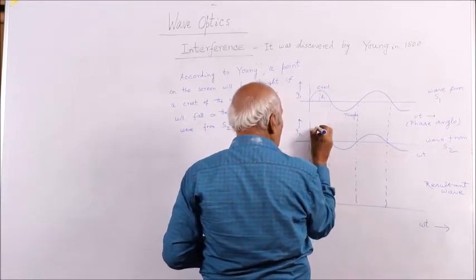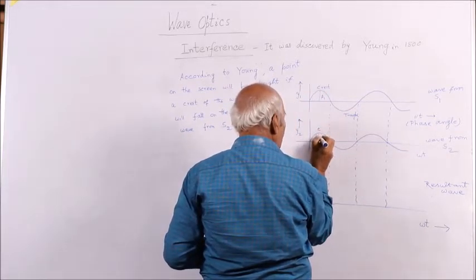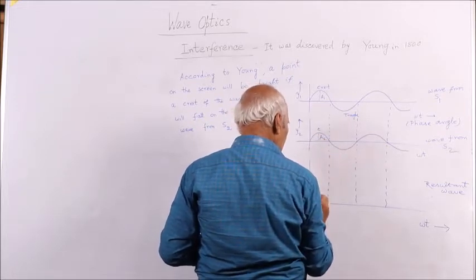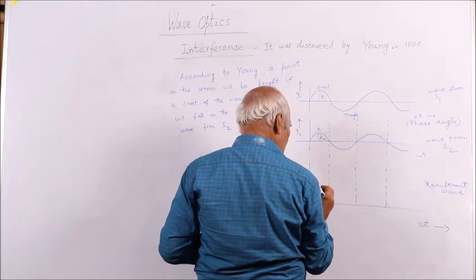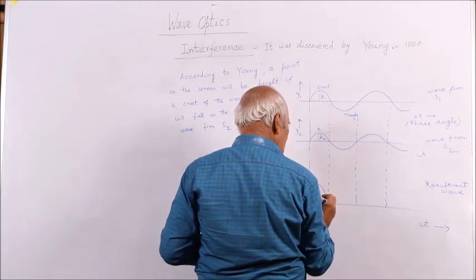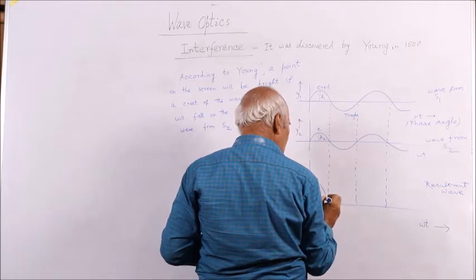Here there is crest and the amplitude is A2. So, this will be crest falls on the crest. So, the amplitudes just add up.